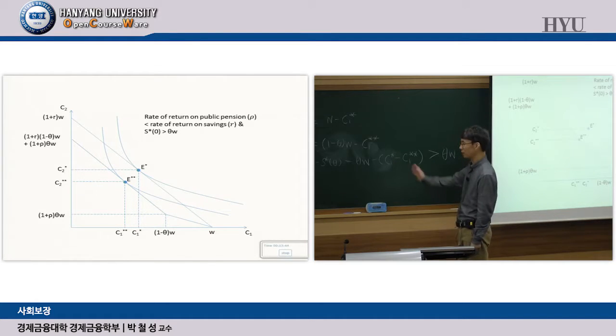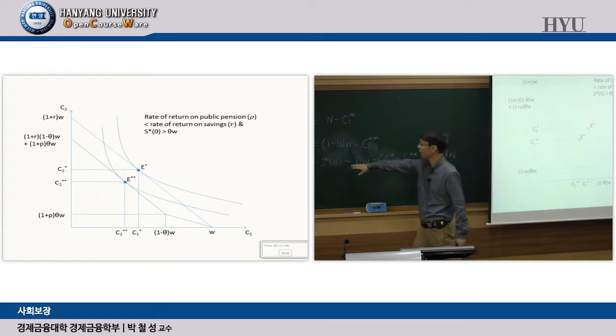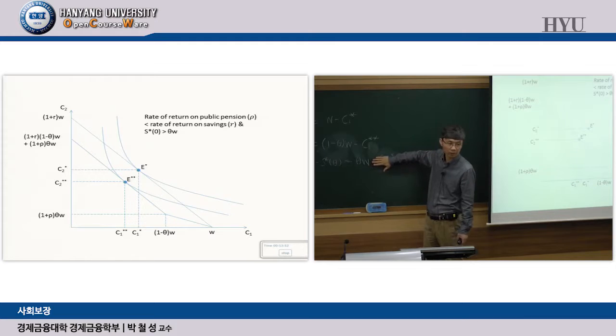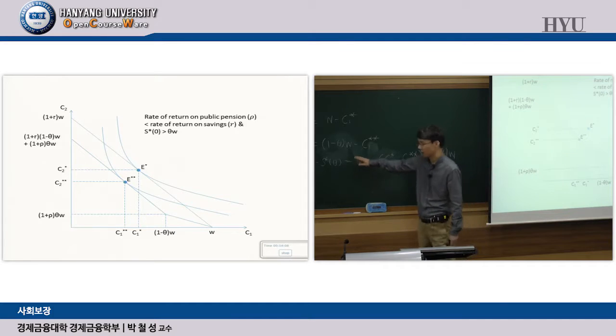Before, let's say, if R equals rho, then the change in the savings is exactly equal to theta W. Okay? That was the case before, rho equals R. But with rho smaller than R, the change in savings is not exactly equal to theta W. Okay?